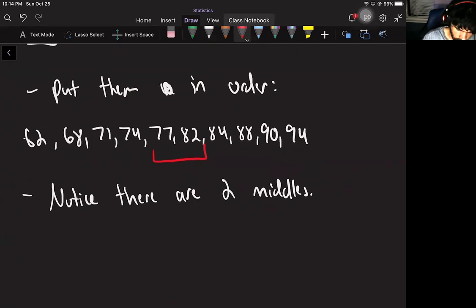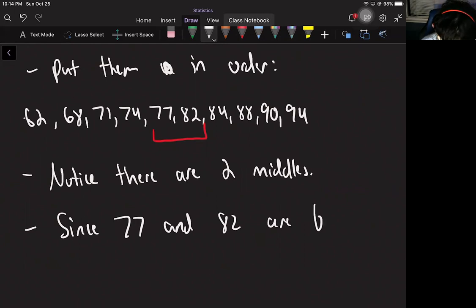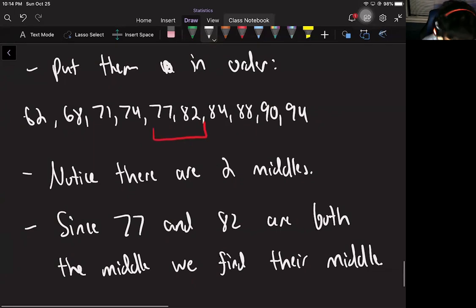So all we have to do is look at the middle of them. So since 77 and 82 are both the middle, we just find their middle. So what's halfway between 77 and 82?